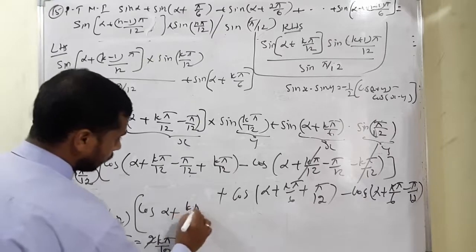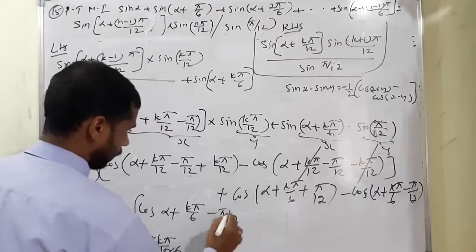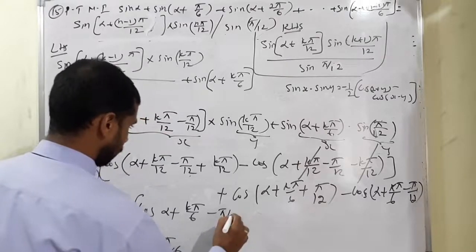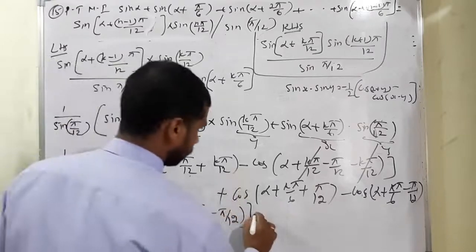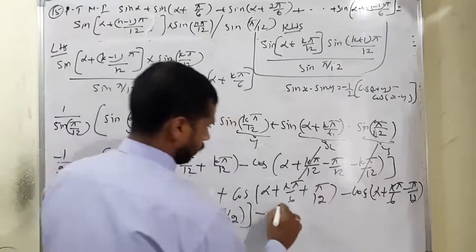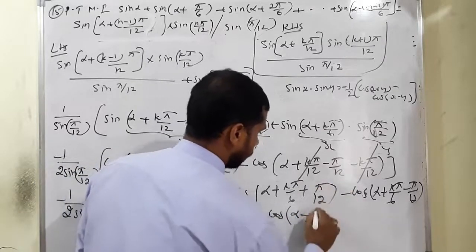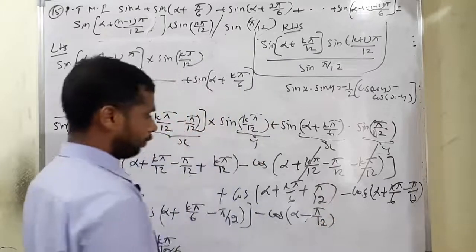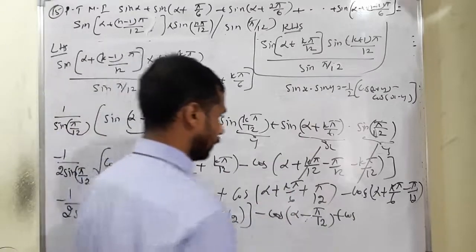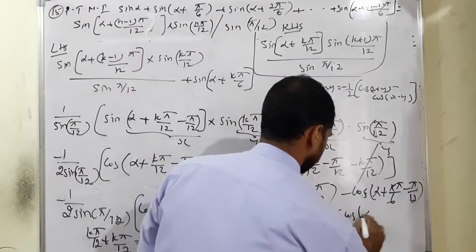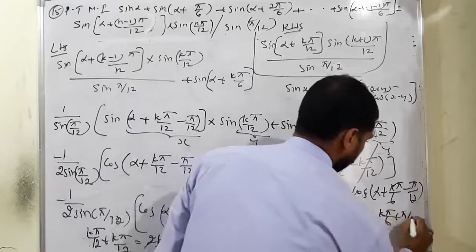So alpha plus k pi by 6 minus pi by 12, then next term as it is minus cos of alpha plus alpha minus pi by 12, then plus cos of alpha plus k pi by 6 plus pi by 12.